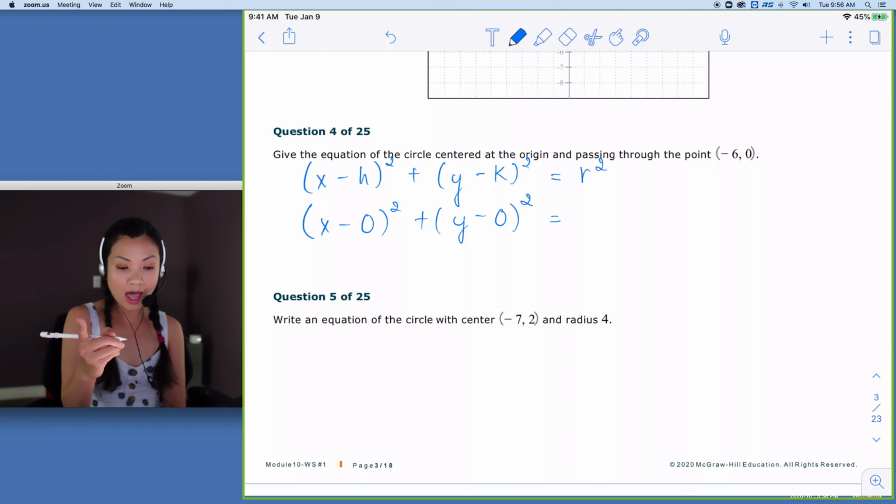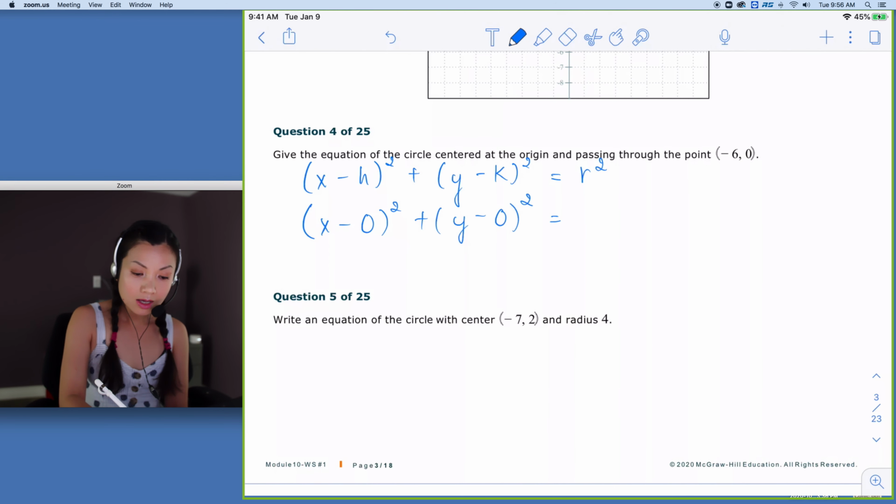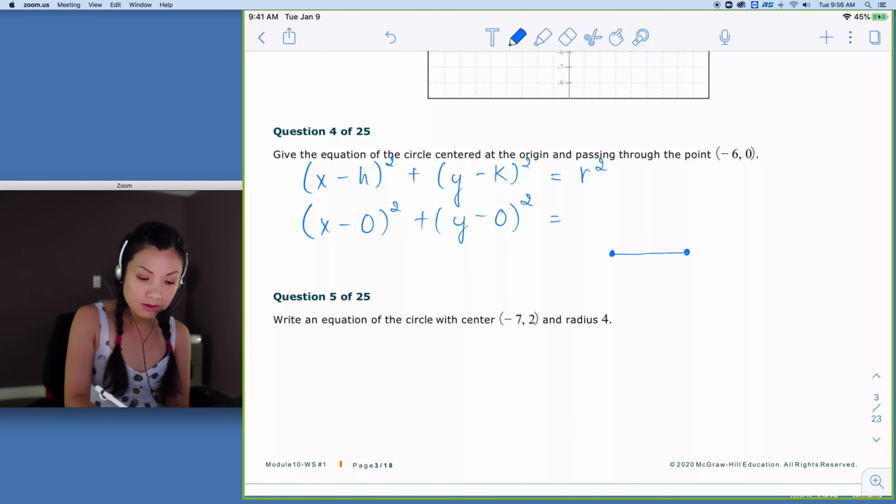Now we have through the point the origin, and then the other point is negative 6, 0. So from here to here, imagine this is 0, 0, and this is negative 6, 0. So this part right here, the distance is going to be 6.